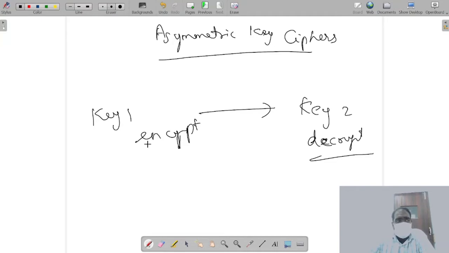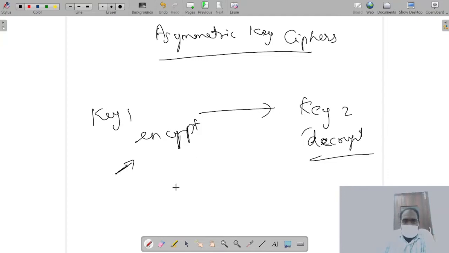Always asymmetric keys come in pairs, and whatever one key locks, the other key unlocks. So what you can do is you can encrypt using this key and send the message, and now only the person with this key 2 can decrypt. So what you do is you make the encryption key public and you keep the decryption key private.